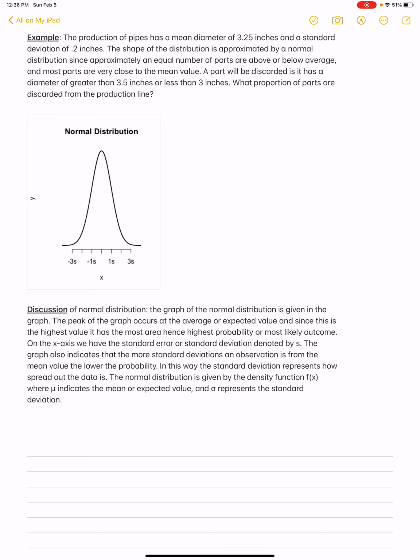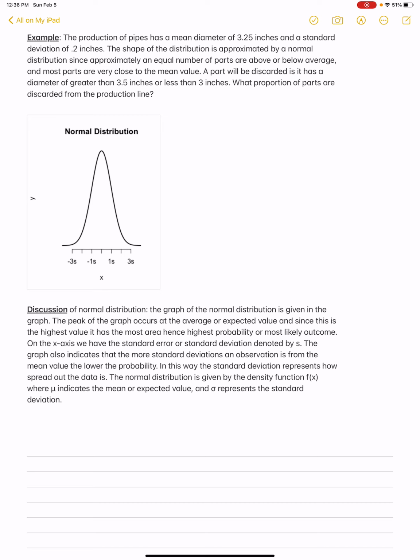Here in this problem, I'm telling you the shape of the distribution is approximately normal. And this is because we would expect, so the normal distribution is plotted below. It's a bell shape. That peak represents the average or expected value. So we would expect the x-axis value that corresponds to the peak, the highest point, to be 3.25 inches, because on average we would expect that the diameter of the pipe is 3.25 inches, the specification.